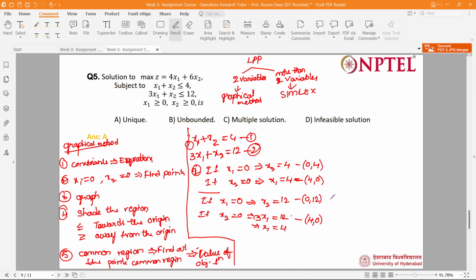So based on these points we need to draw a graph. The graph is in the first quadrant only. The x-axis represents the decision variable x1 and the y-axis represents the decision variable x2.